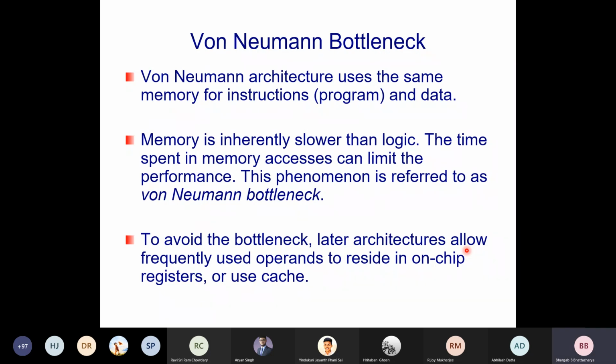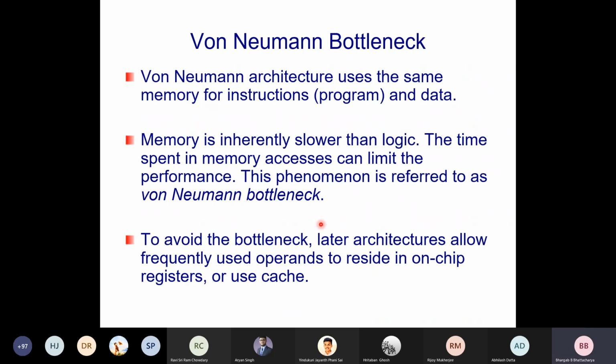There are also trade-off issues like cost and so on. That's why memory is inherently slower. Particularly the DRAM, the dynamic RAM, is slower than the static RAM. And therefore, the time spent in memory accesses can limit the performance. And this is known as the von Neumann bottleneck.